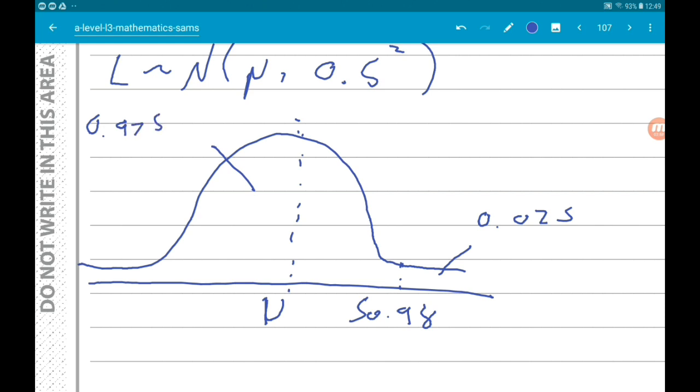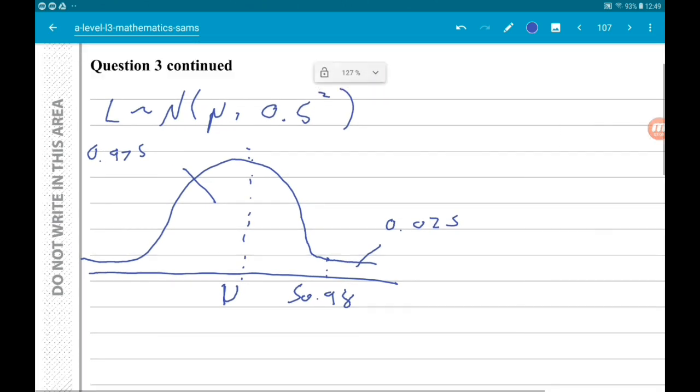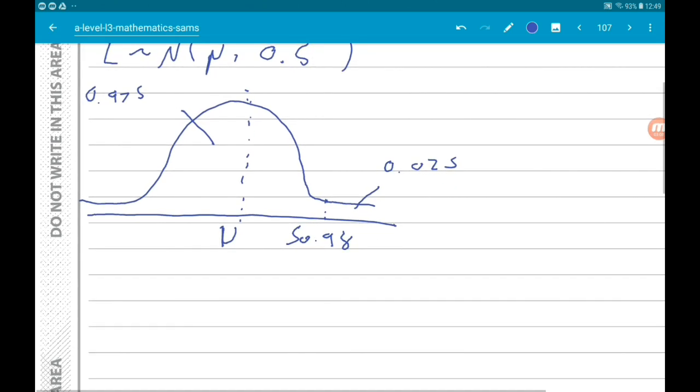Now, hopefully you know that Z values are equal to x bar minus mu over sigma.